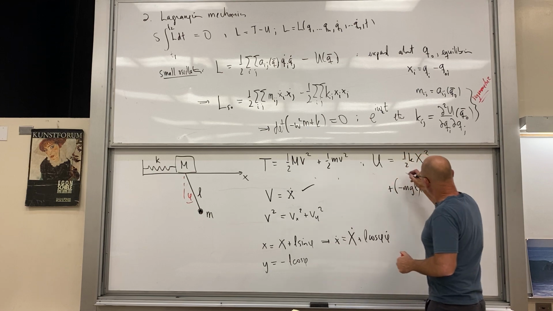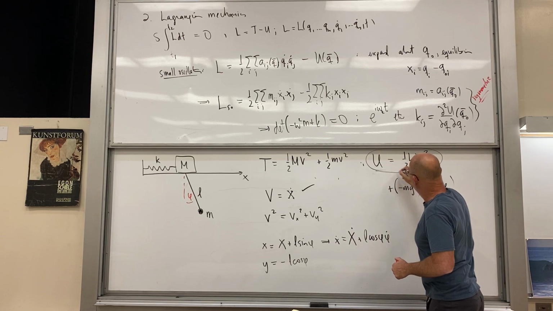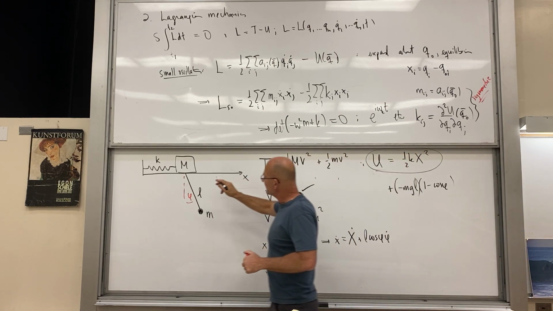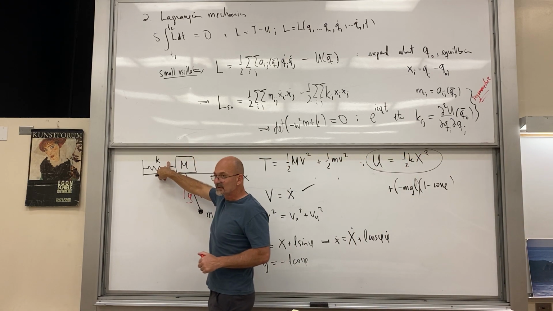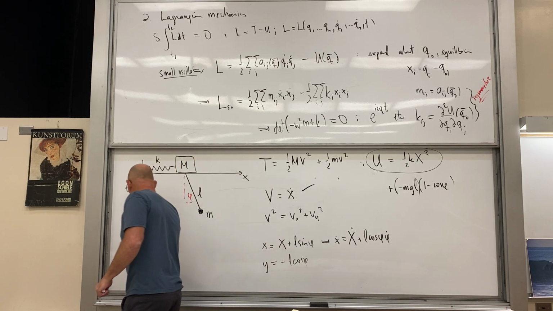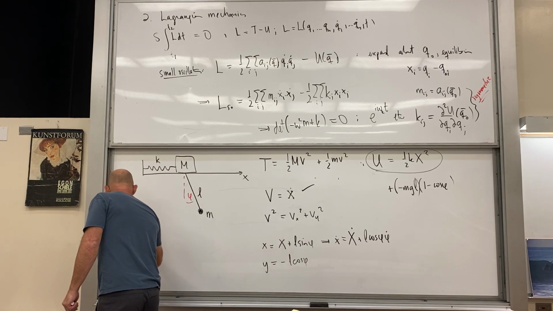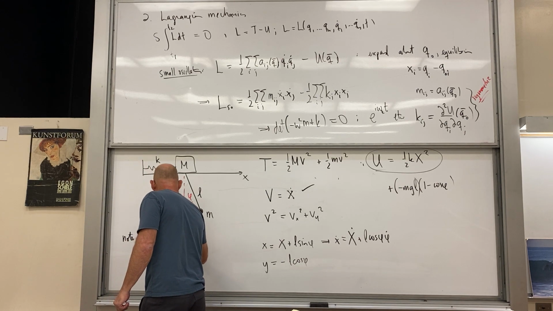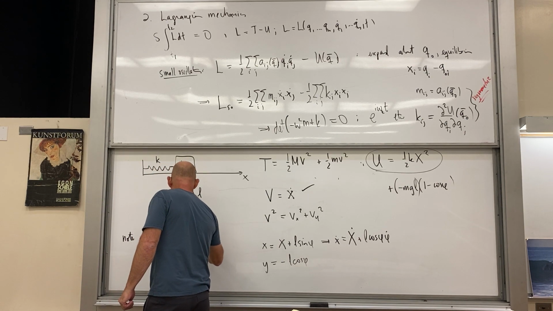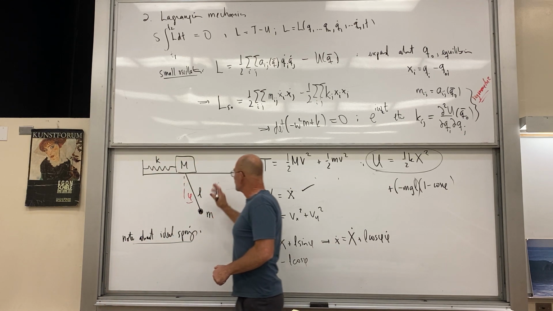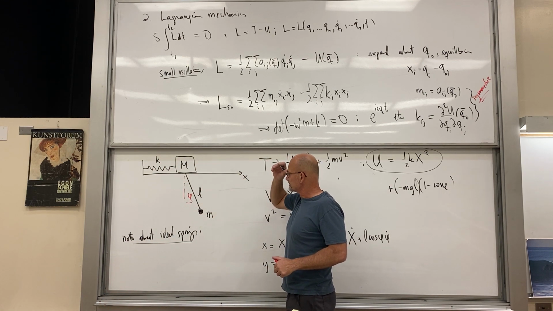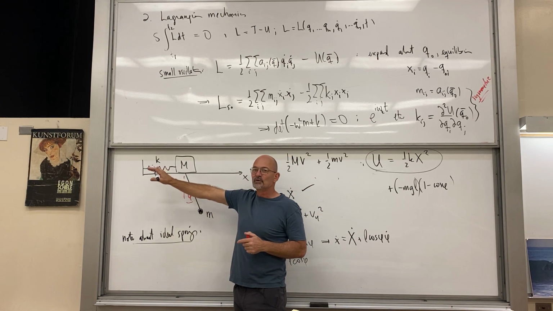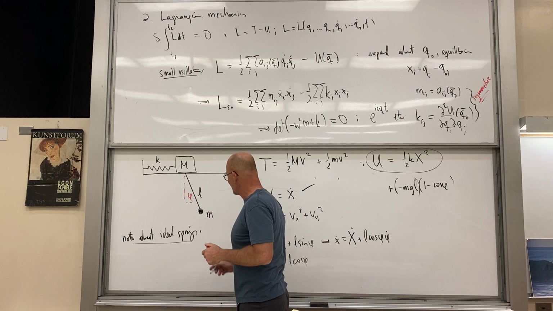So when we did this, we're just assuming that the origin is taken where this spring is relaxed. Okay, I'm going to put a note here about these ideal springs. So when you have an ideal spring in a problem, it has no potential energy when it's in its relaxed state. Okay.